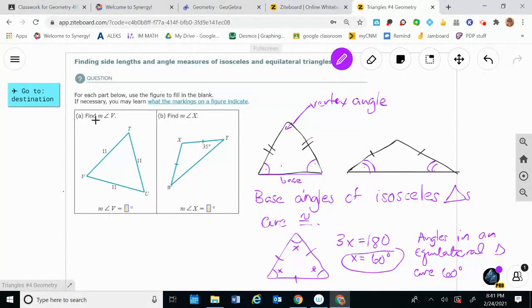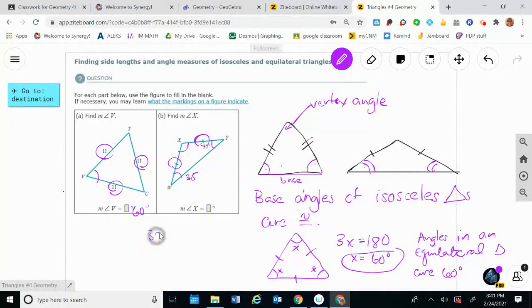Okay, take a look. Find the measure of angle V. All you have to know is that this is an equilateral triangle, therefore it's 60 degrees. This is an isosceles triangle, and if this is 35, W is also 35, which means what is X?